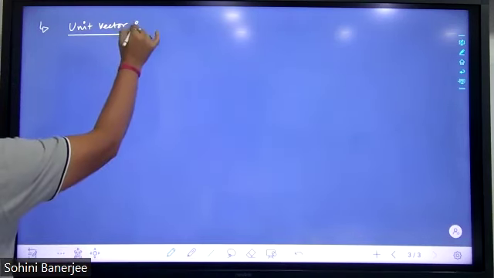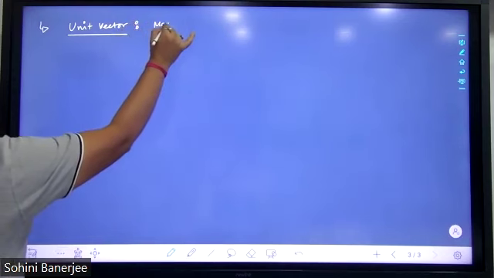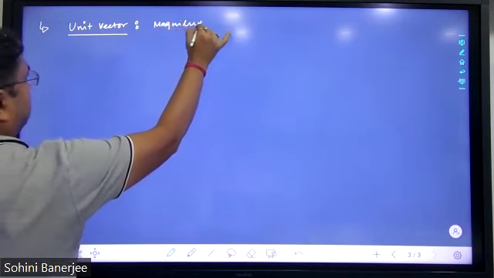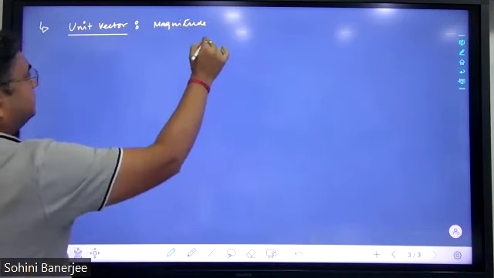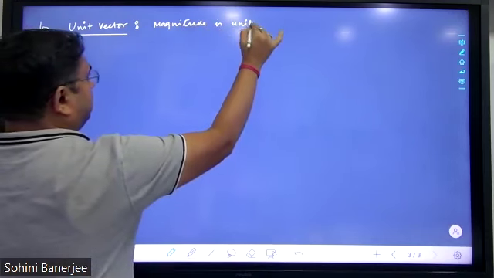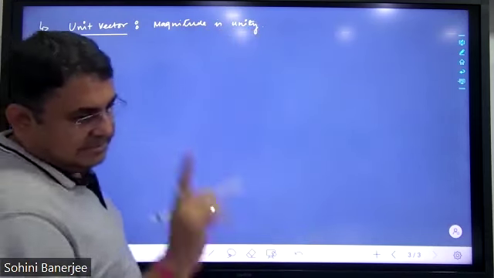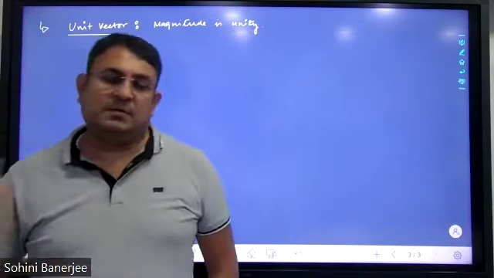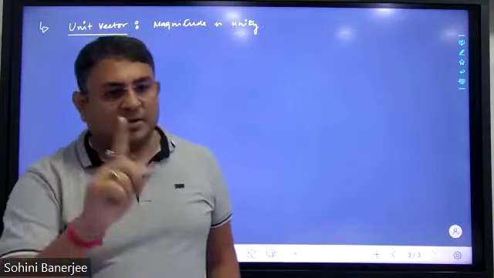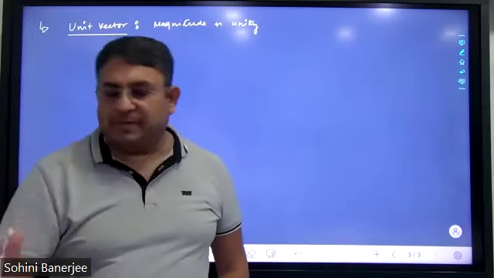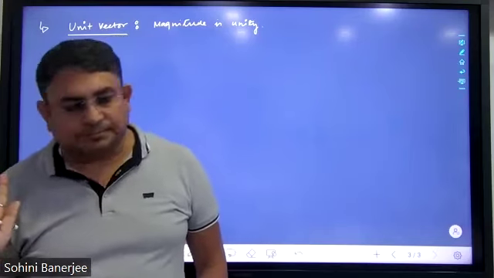Unit vector, from the name only, it is clear the magnitude would be unit 1. If it is mentioned to be unit vector for any given vector, the magnitude will be 1. So unit vector means by default the magnitude is 1.